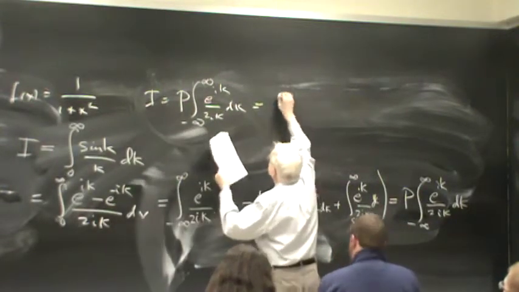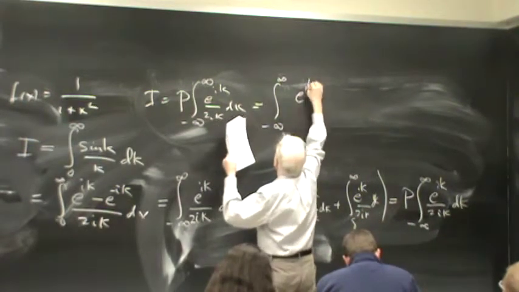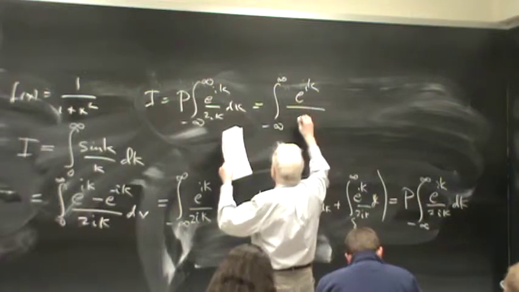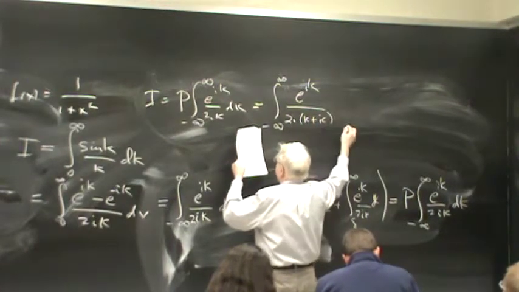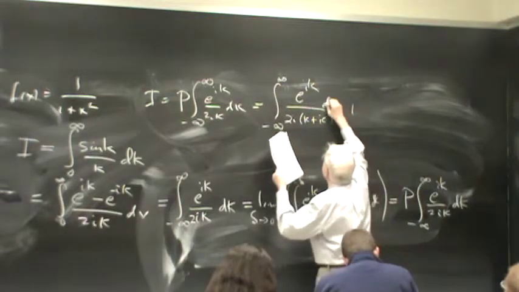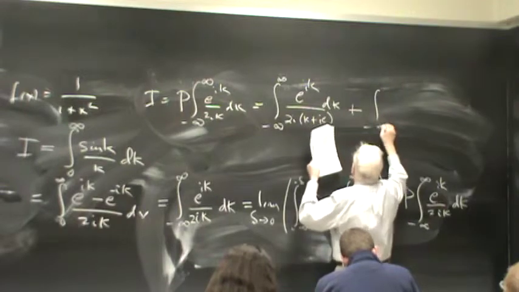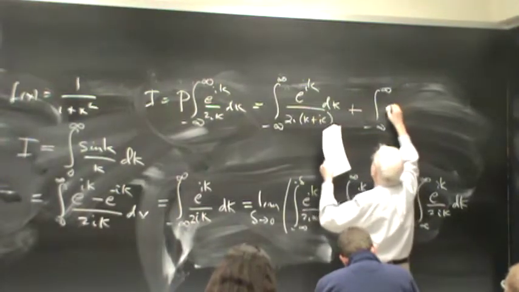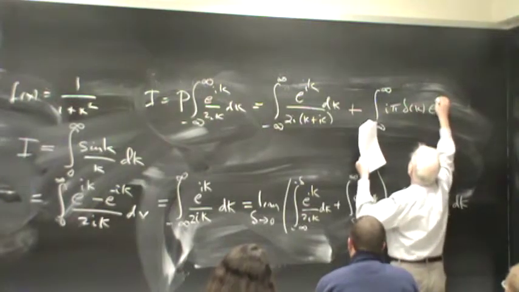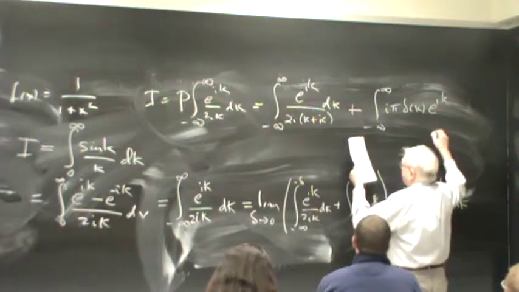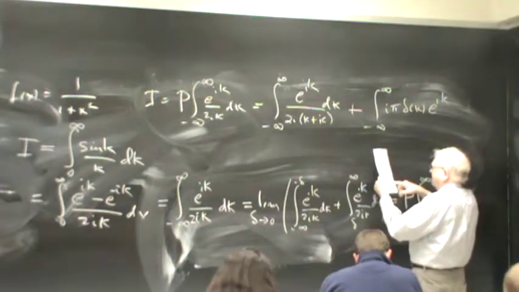So this is the integral from minus infinity to plus infinity of e to the i k over 2i k plus i epsilon dk, plus the integral from minus infinity to plus infinity of i pi delta of k e to the i k. And there I have 2i. What happened to k?